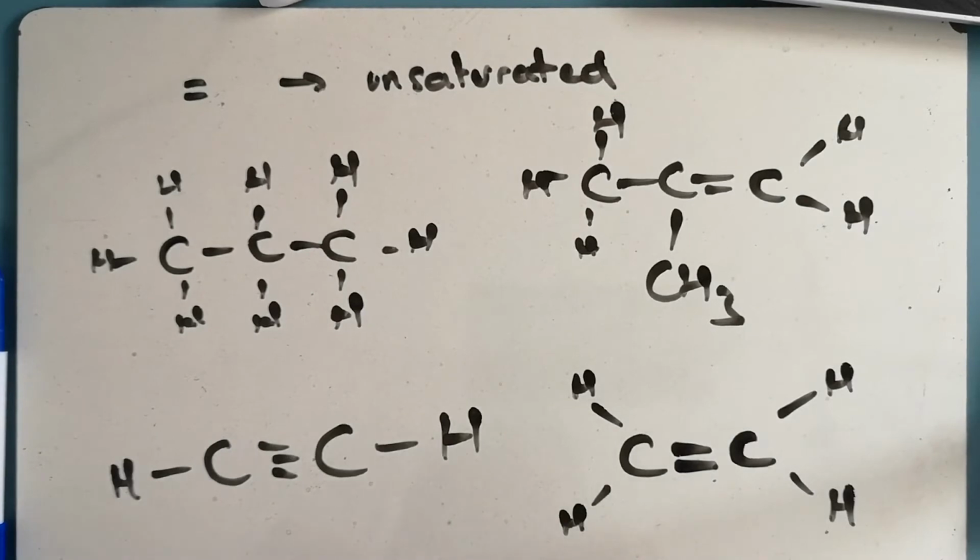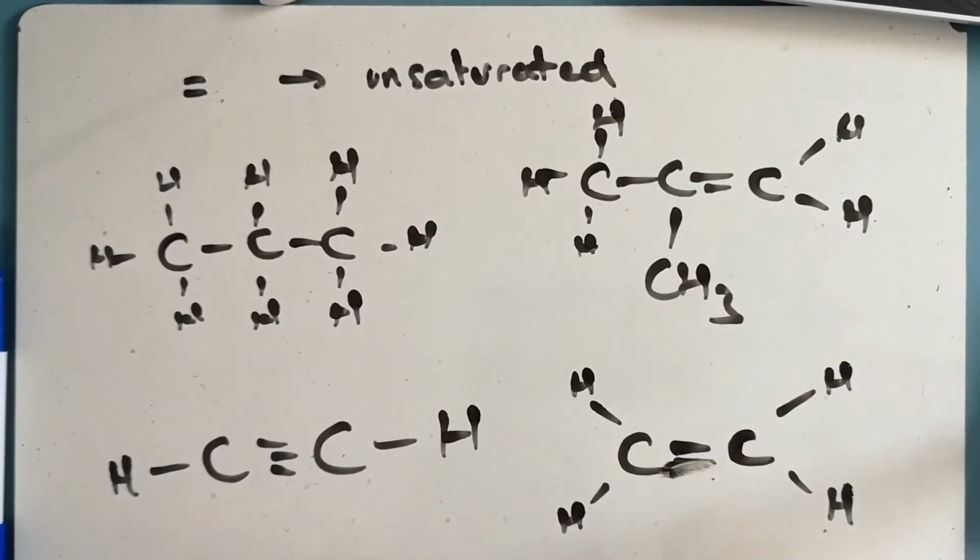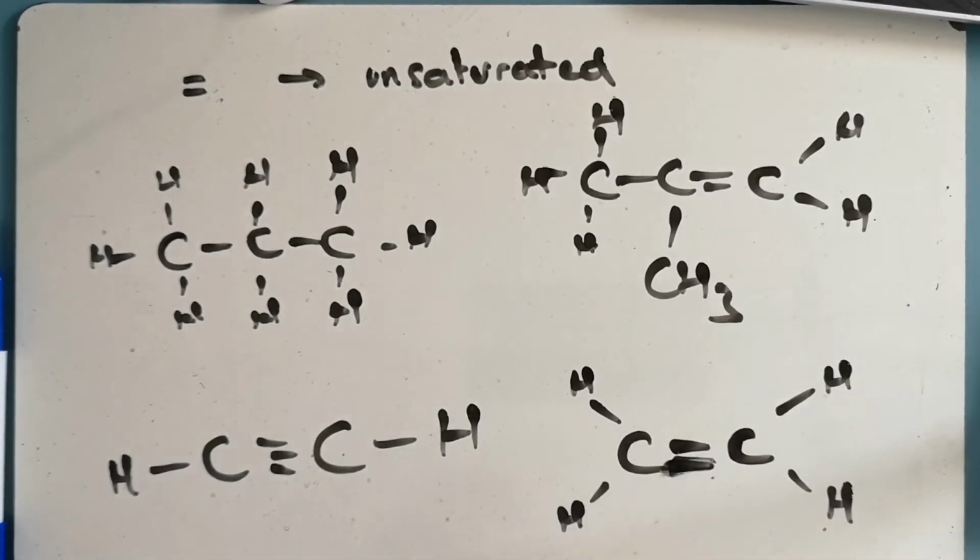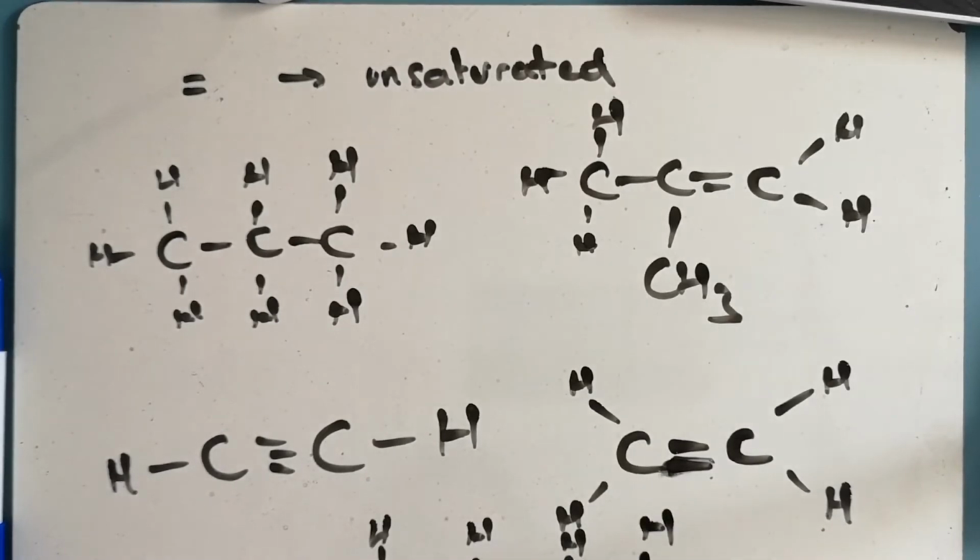Each carbon needs 4 bonds in order to get nice and stable. So if it's just a single bond, it's only got 3. So it's going to have a 4th. So that is unsaturated. And then the final one, C4H10, so no space for a double bond at all. So that's saturated.